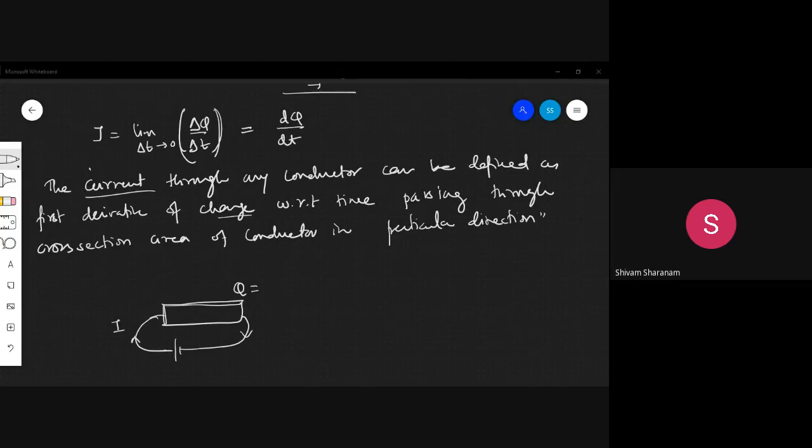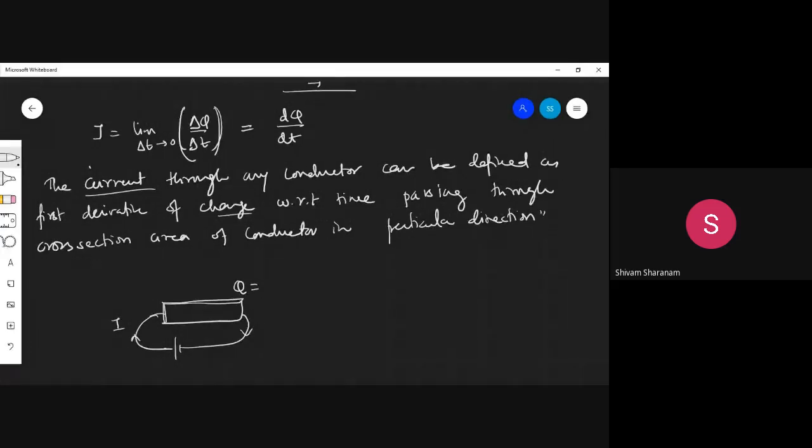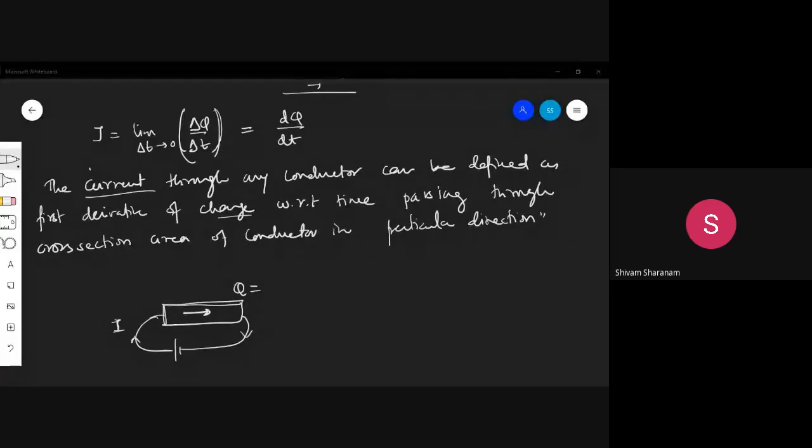Zero, non-zero, negative, positive, what charge will be there? How much charge will be there? Getting my point? This is a conductor. In this conductor, the current I is there. How much charge will be there in this conductor?